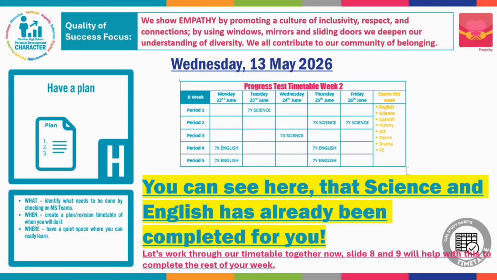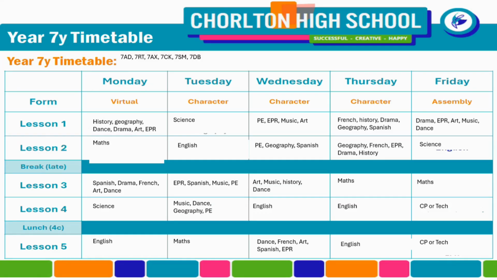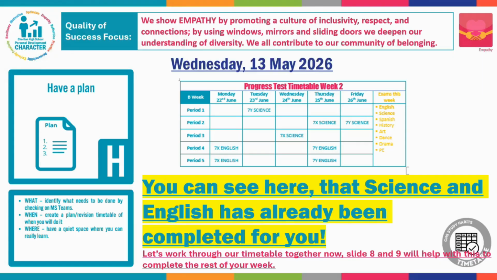And finally, PE. Okay, so if you are in 7X, you might have PE on Friday periods 2 and 3. Okay, if you are in 7Y, you have PE on Tuesday periods 3 and 4, or Wednesday periods 1 and 2. Okay, so fill that in, and that then is a completed test timetable.